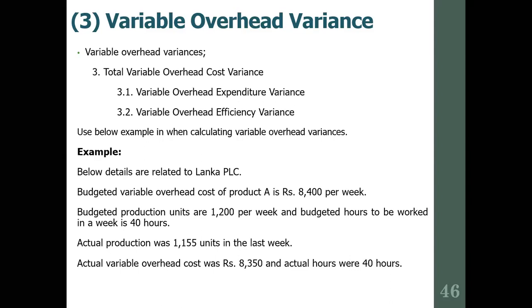We call them the variable overhead expenditure variance and the variable overhead efficiency variance. As the term suggests, there can be a deviation between the standard overhead cost and the actual overhead cost, mainly due to two reasons.